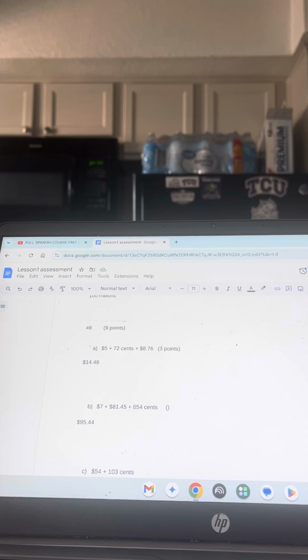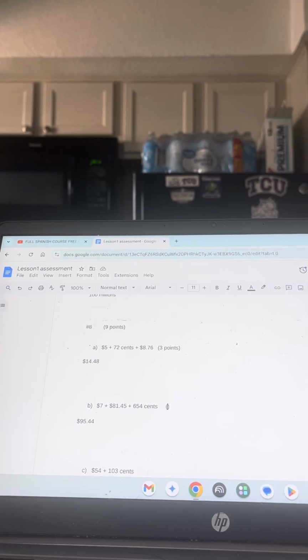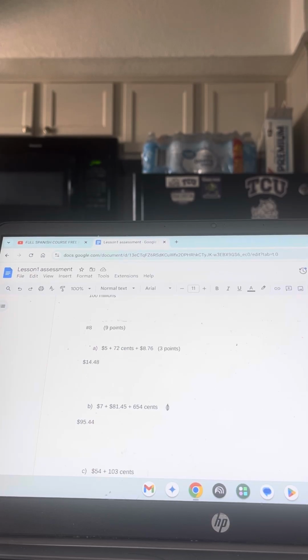So 5 plus 4 would be 9, 4 plus 5 would be 9, 7 plus 1 would be 8, plus 6 would be 14, 94.99. Hold on, let me see if I did that right. Okay, this is actually not correct. Let's go over this one.